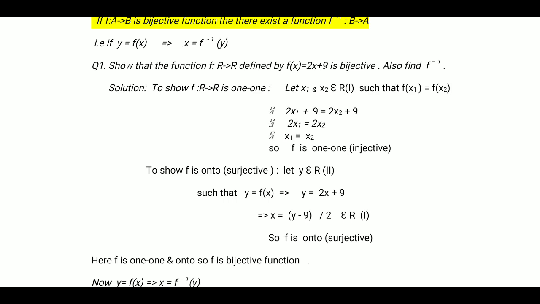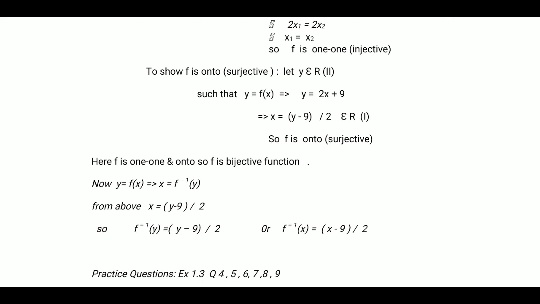That means x is equal to (y - 9)/2, and y is a real number, so y - 9 is also real and (y - 9)/2 is also real. It means x has a real value in the first set, so we can say f is onto or surjective. Hence f is 1-1 and onto, so f is a bijective function.